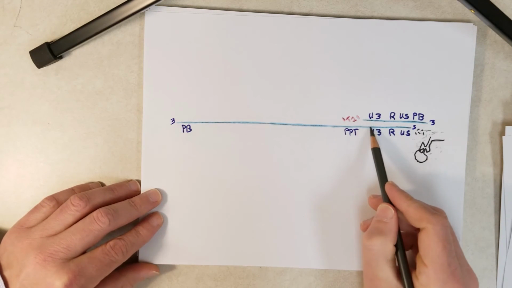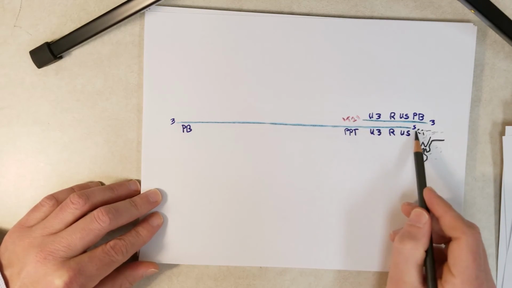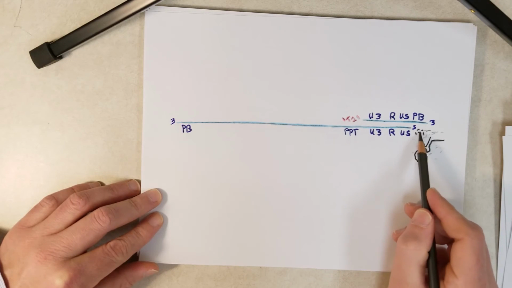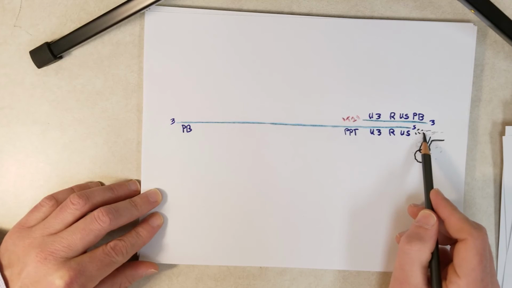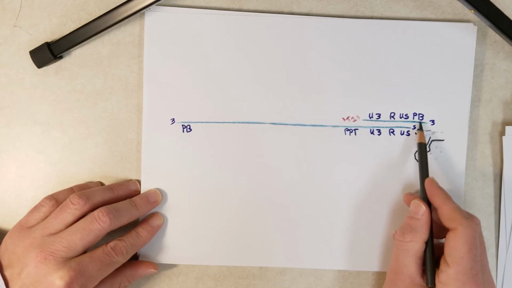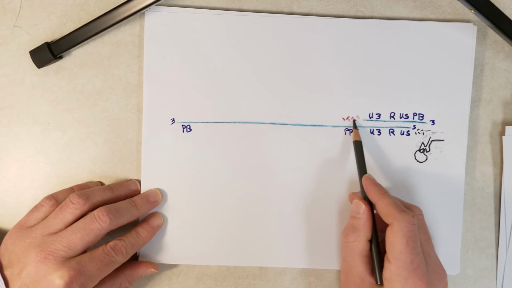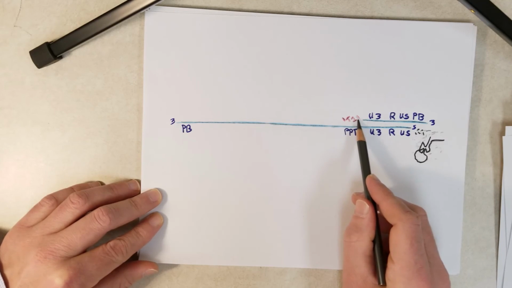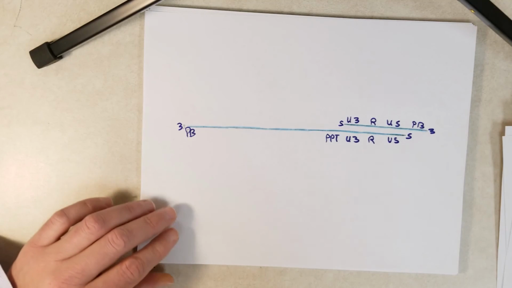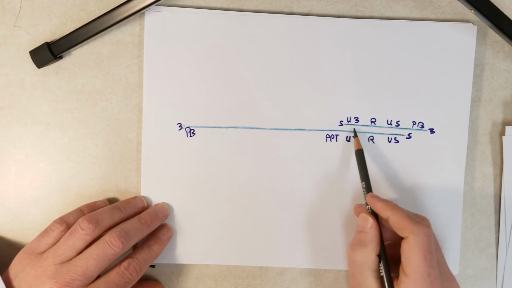So we're left with something that looks like this, after we remove that PB, that complementary site of the tRNA that's complementary to this PB site right here, and the ribonucleotides of the PPT.